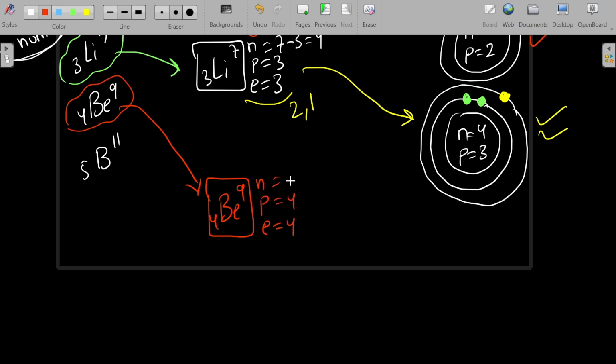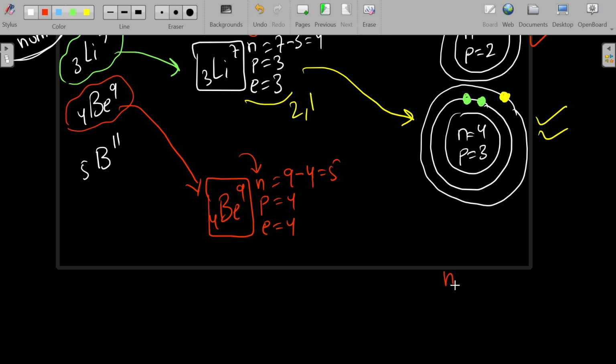By looking at the small number, we have identified the number of protons and the number of electrons, and then 9 minus 4, sorry, will give you 5. This is because we need to find out the number of neutrons, and for that we need to subtract the small number from the big number.